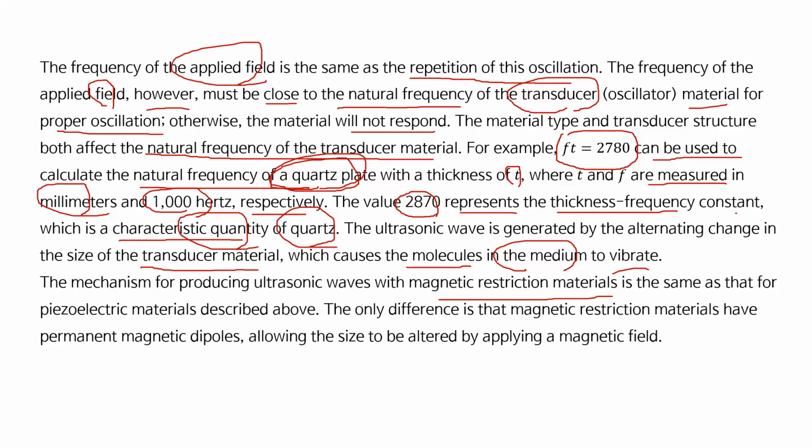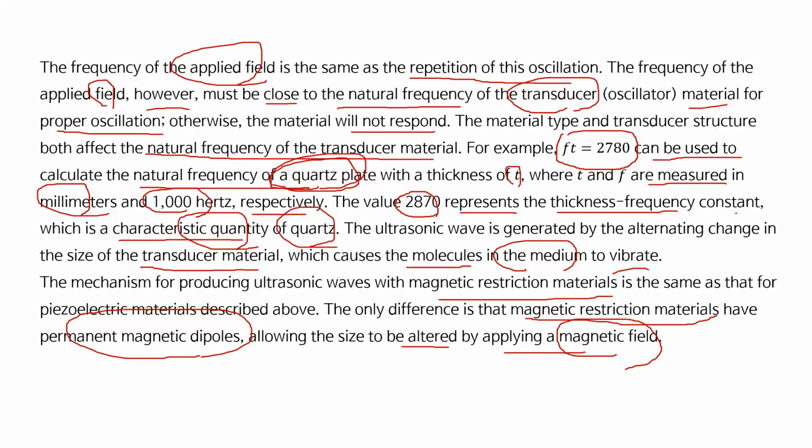The only difference is that magnetostrictive materials have permanent magnetic dipoles, allowing the size to be altered by applying a magnetic field. So in the piezoelectric material, there are electric dipoles.